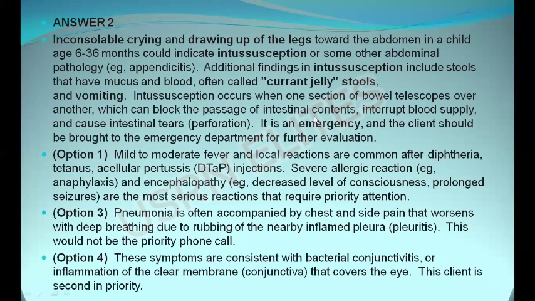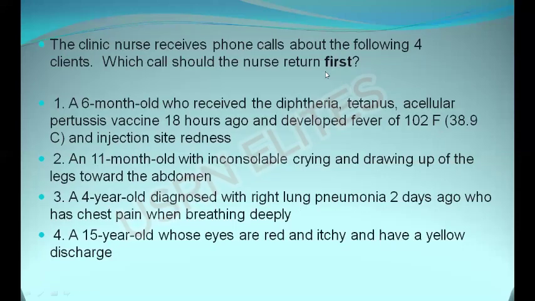If you're looking on the screen, if the question had mentioned that option 3, let's say a 4-year-old diagnosed with right lung pneumonia 2 days ago, who has chest pain when breathing. If the sentence was instead has increasing chest pain, or who is currently experiencing something that shows it is ongoing, or worsening.